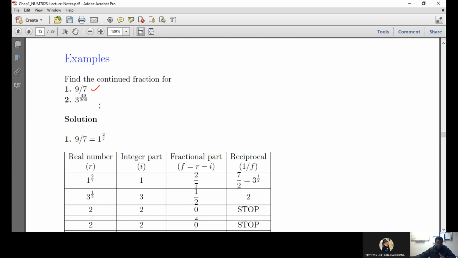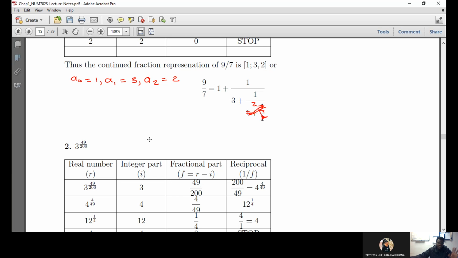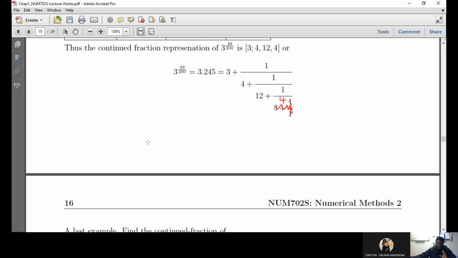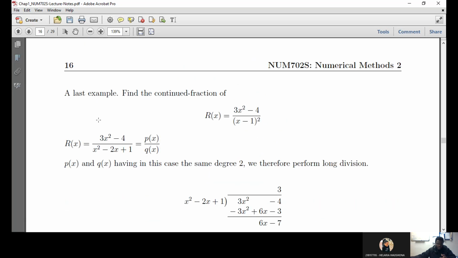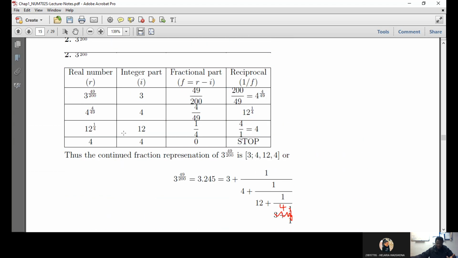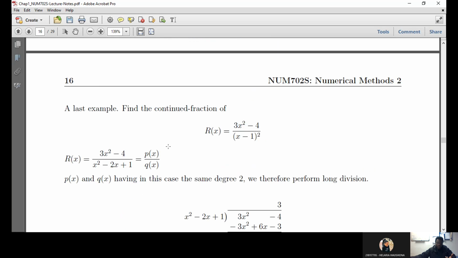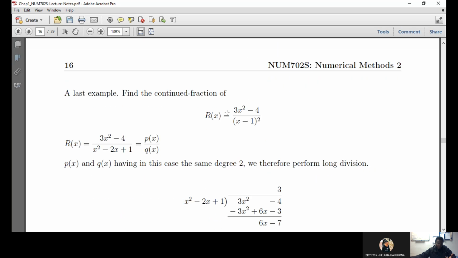This can be repeated for any number. Once you understand the methodology, something similar will also be performed when it comes to rational functions. We start with real numbers and then we move to rational functions. Okay, so I will stop here for today.